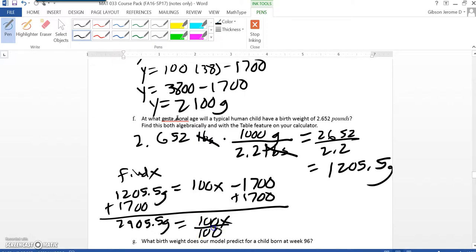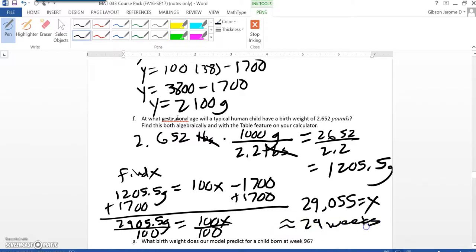We divide each side by 100. Then our final answer would be 29.055 is equal to x. Now we know that this represents weeks, so this would be approximately 29 weeks. And that will be our final answer.